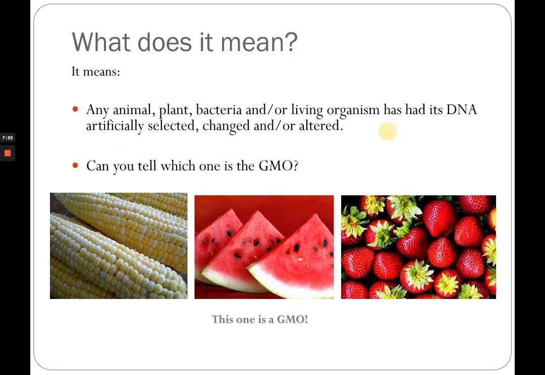Well, this one is the GMO, the watermelon here. But also this one, the corn. And yep, you guessed it, so is the strawberry. But it doesn't mean that every corn, watermelon, and strawberry that you buy at the grocery store is a GMO. It's just that in this case, these ones here could be GMOs.